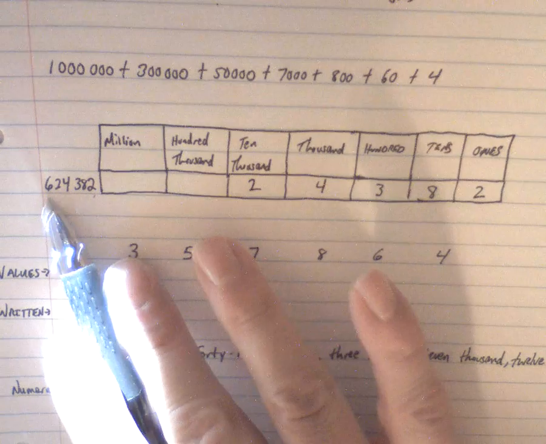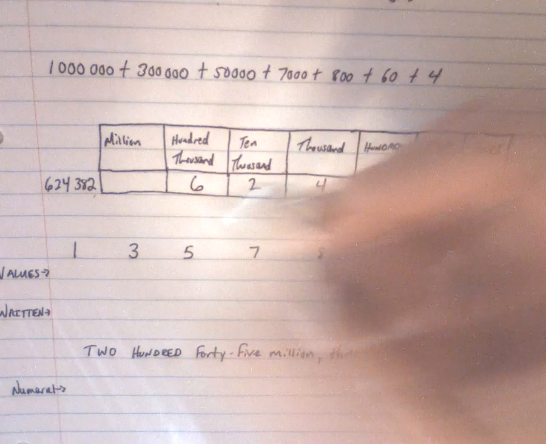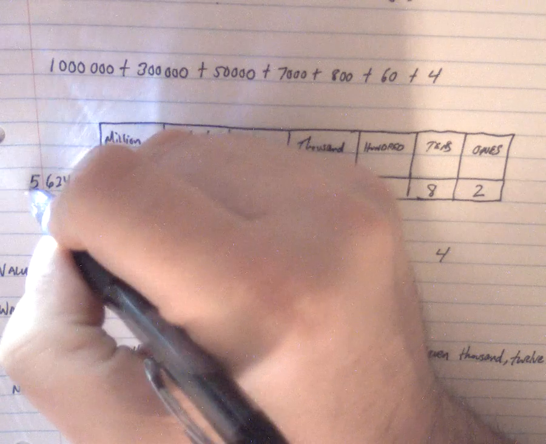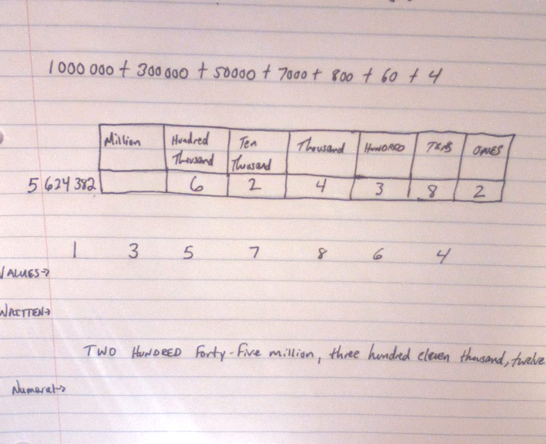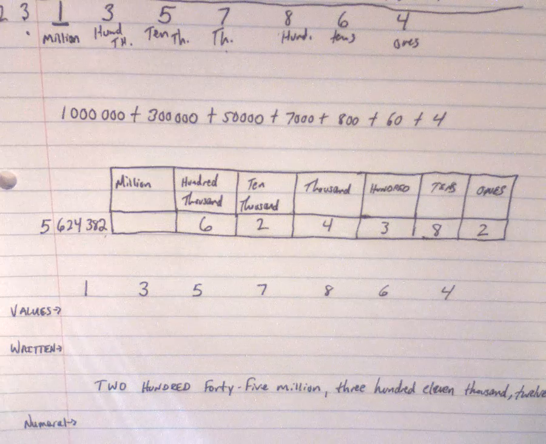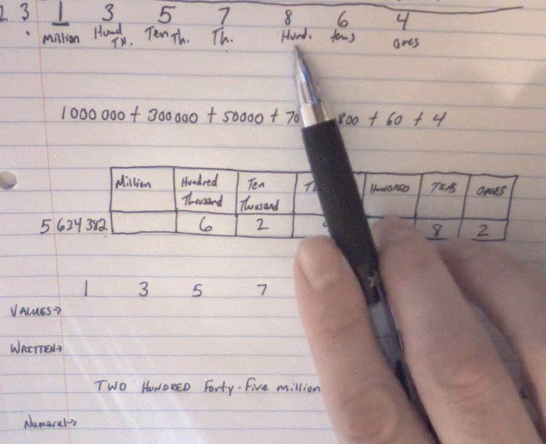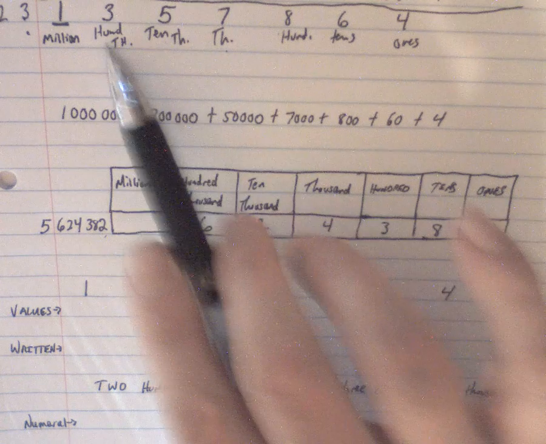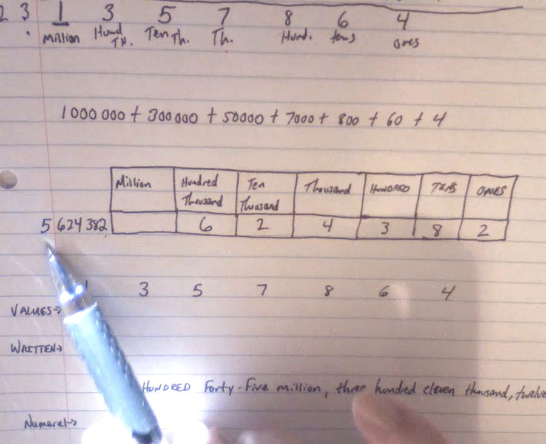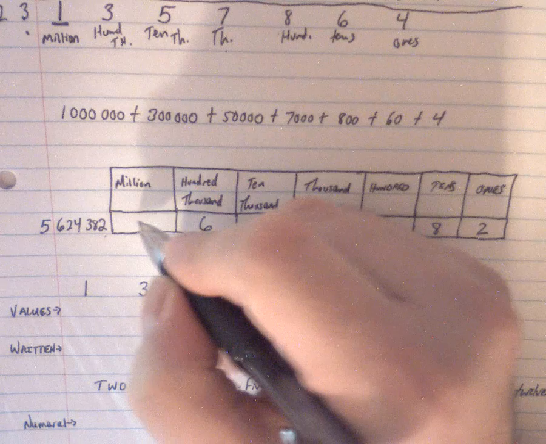And the 6 is in the 100,000 spot. Now, let's say for all intents and purposes, I add a 5 in front of that. Where would the 5 go? Well, as we've seen earlier, in ones, tens, hundreds, thousands, 10,000s, 100,000, million. So that 7th digit is the million spot.